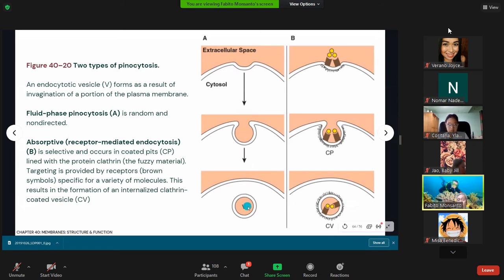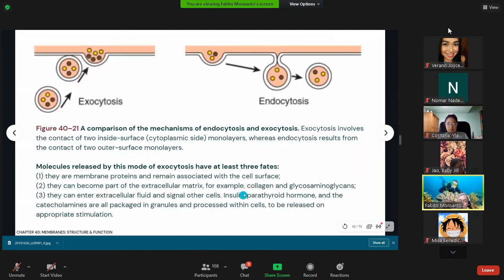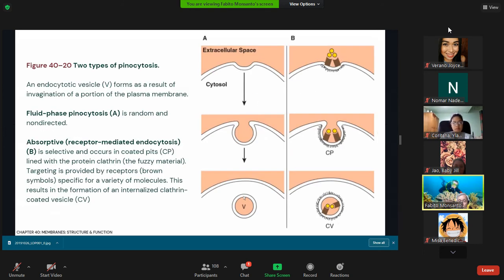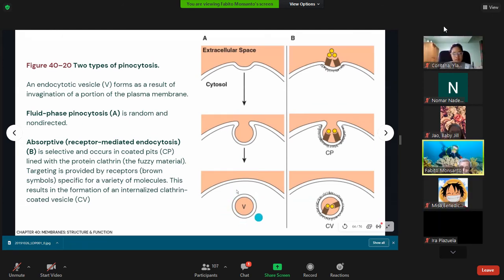Now, look at that. So endocytosis ingests part of the membrane. So you see the membrane here. So part of it is ingested.